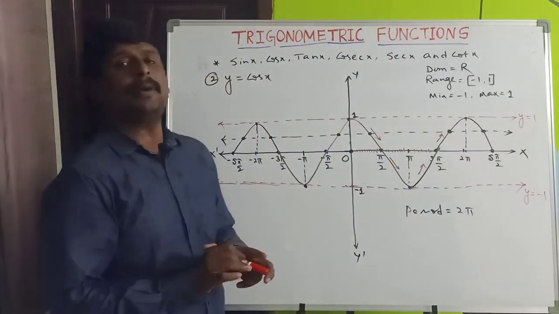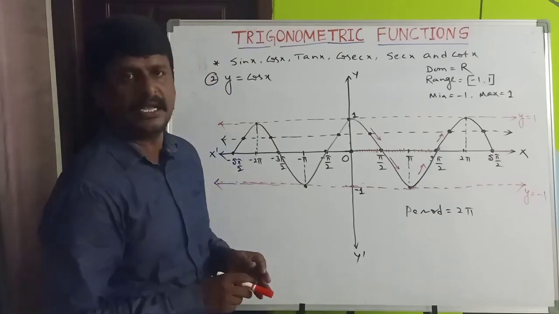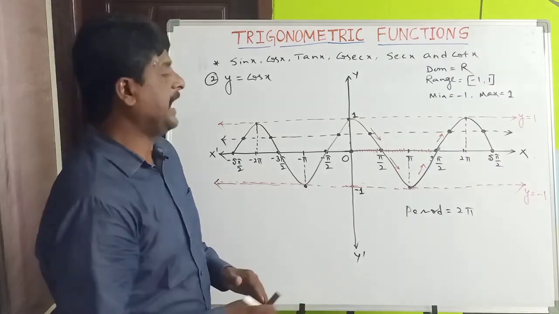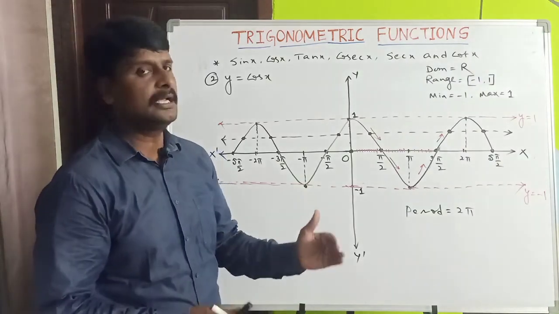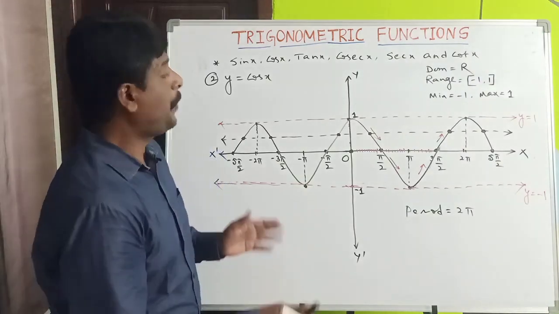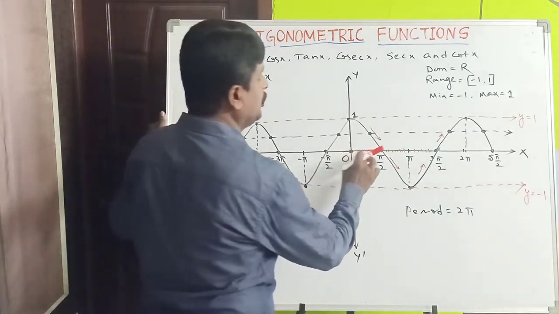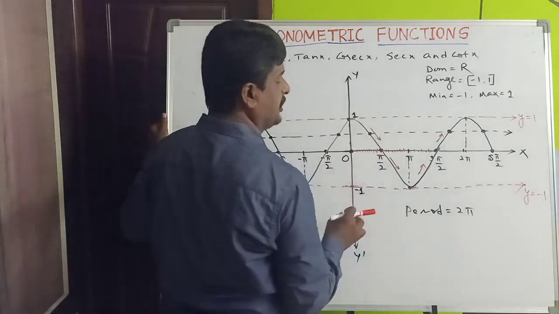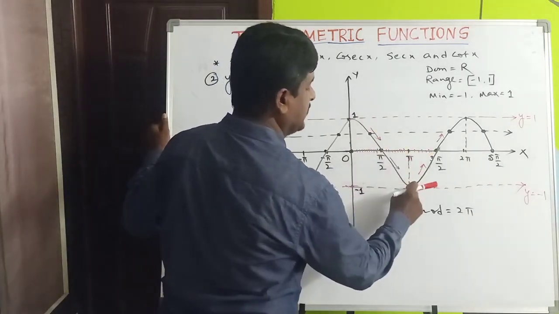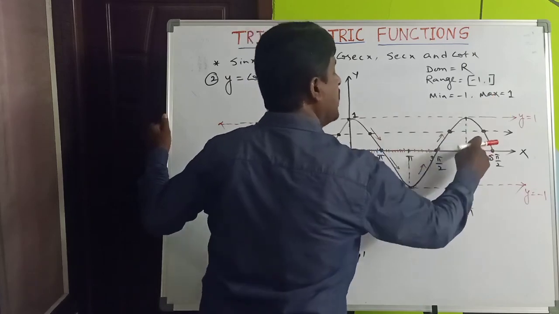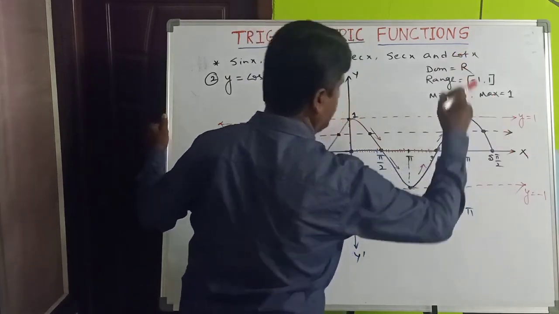So throughout the domain, it does not have a single nature, either increasing or decreasing. That's why its nature is neither increasing nor decreasing. Partially it is increasing, partially it is decreasing. 0 to pi by 2, it is a decreasing function. Pi by 2 to pi decreasing. Pi to 3 pi by 2 increasing. 3 pi by 2 to 2 pi again increasing. 2 pi to 5 pi by 2 again it is decreasing.